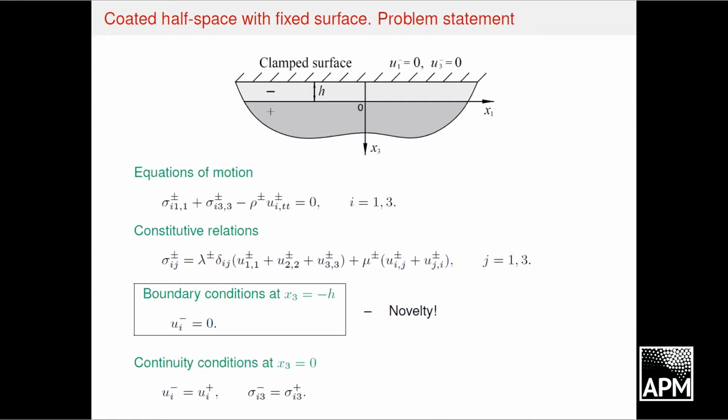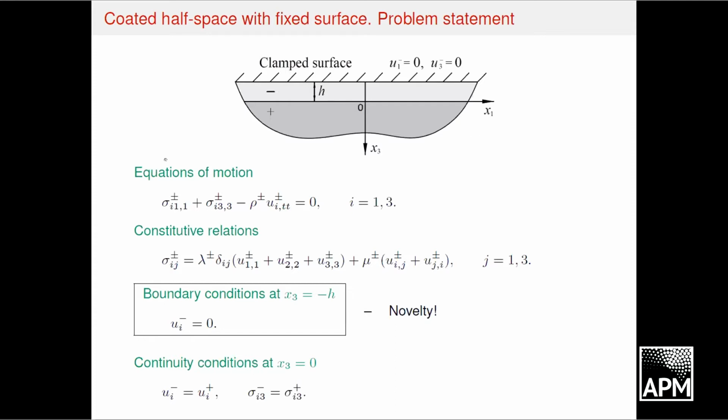Because if you have a soft layer, say some sort of foam, attached to a hard half space, say this would be metal, then even though this surface is clamped, because of this layer being soft, it can actually vibrate, and then this interface is not really clamped. It is not free, but still there is a possibility for waves to propagate. So this is our physical insight before doing any analysis. So we can hope for some localized waves there.